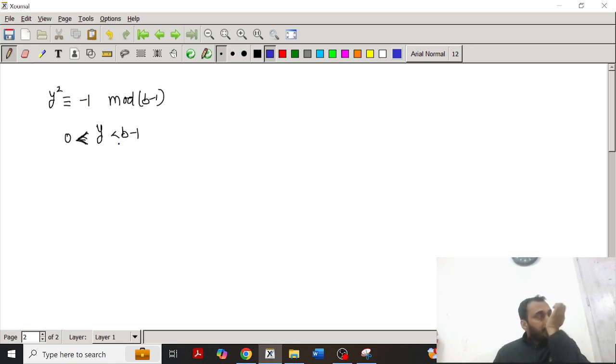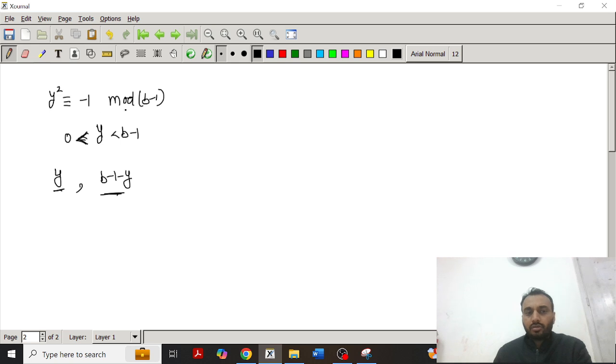And in fact there is one more thing in square residues. Like if I say y is there, then b minus 1 minus y, this one and this one, both squares are congruent to minus 1 mod b minus 1, isn't it?